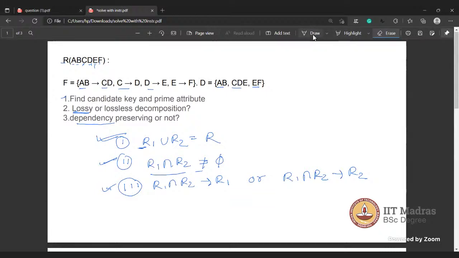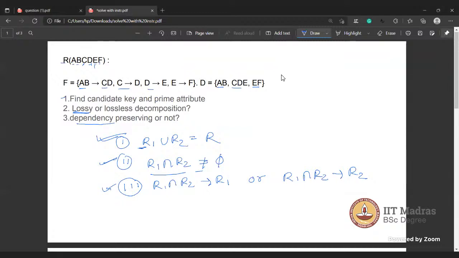Please tell what you have doubt. So let's see, if R1 and R2 have no intersection, no common attribute in their intersection, then can we say that the second condition is not satisfied, or do we have to check other pairs also, like R1, R3?